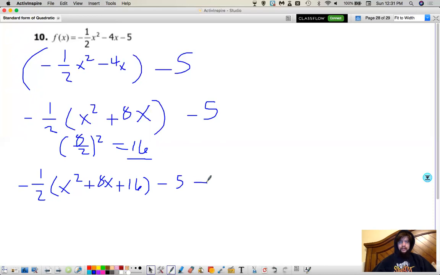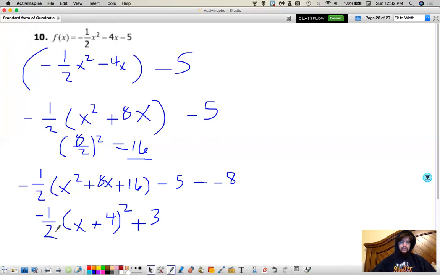I'm going to subtract this times this. -0.5 times 16 is -8 on the outside. Factor, combine like terms, simplify, all that good stuff. Half of 8 is 4. Oops, yeah, there we go. Squared. -5 plus 8 is 3. The end.